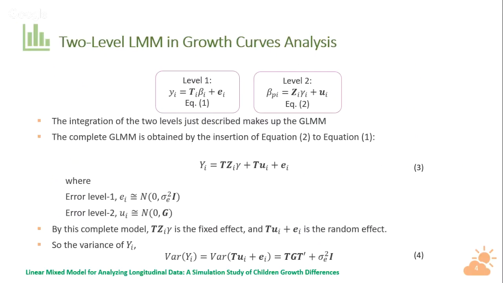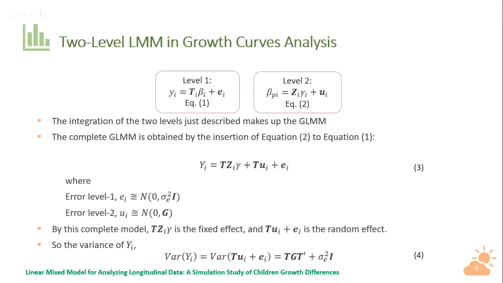And the formula is expressed in equation 3, where the error in level 1 is distributed normally with expectation 0 and variance covariance sigma quadrat E, and the error in level 2, denoted by UE, is distributed normally with expectation 0 and the variance covariance matrix described as G.